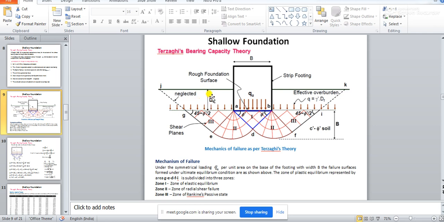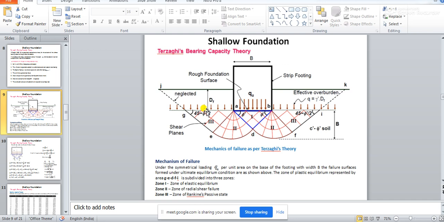The shear resistance of the soil for this portion is being neglected, and that is why, while discussing general shear failure, whatever diagram we have shown, that portion of the diagram is shown below this depth df, because the shear resistance from the ground surface to the depth of the footing will be neglected. That is Terzaghi's assumption.